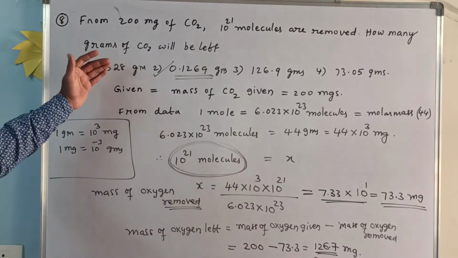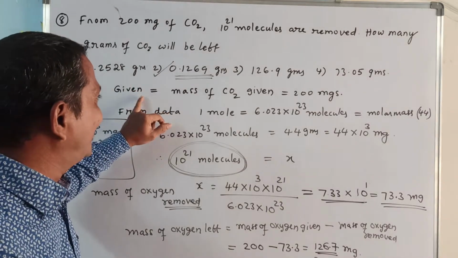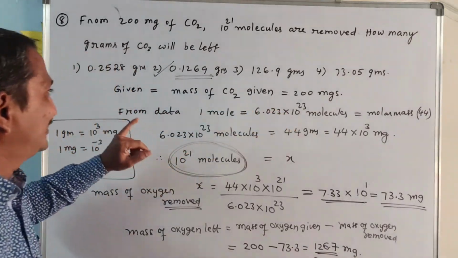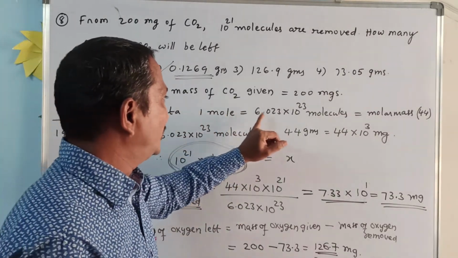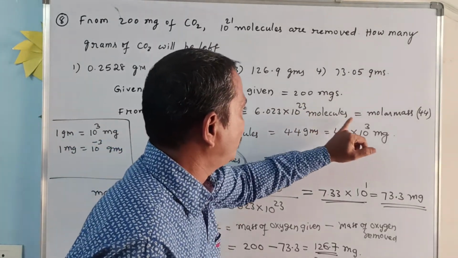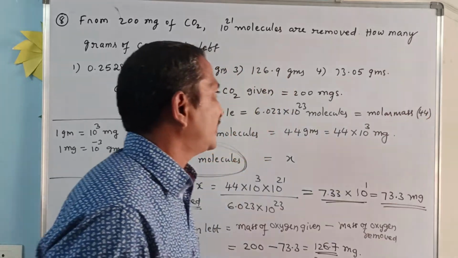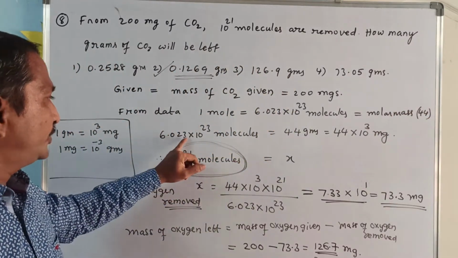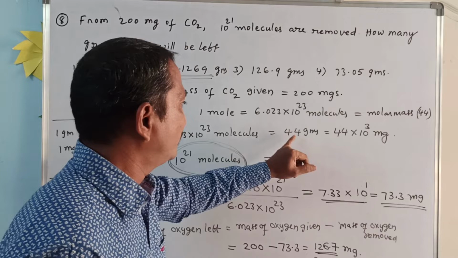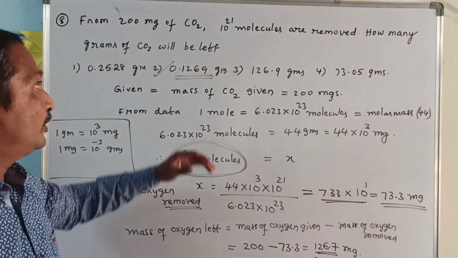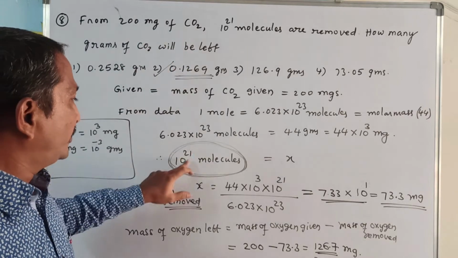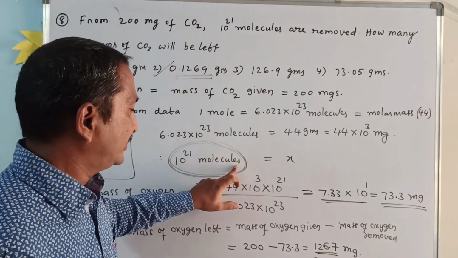See how I have calculated. First we have to write the given: mass of carbon dioxide given is 200 milligrams. From data, we know 1 mole is equal to 6.023 into 10 power 23 molecules, which is the molar mass 44 for carbon dioxide. So 6.023 into 10 power 23 molecules have a mass of 44 grams, or 44 into 10 power 3 milligrams. In the given problem, 10 power 21 molecules of carbon dioxide are removed.